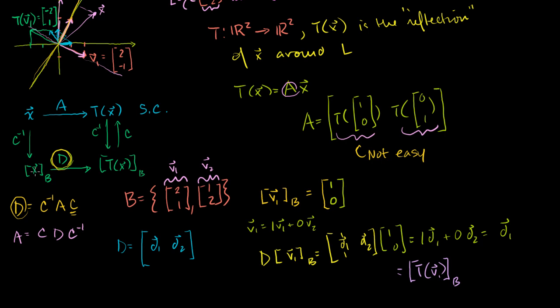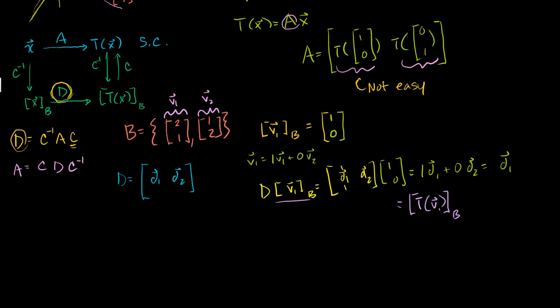If you just put a v1 here instead of an x, v1's B version times D is going to be equal to the transformation of v1's B version, or its coordinates with respect to B. So it's just that thing right there. Now, there's a couple of interesting things here. We just figured out the first column of D, because you take this times 1, 0, which is the first basis vector's representation in its own basis.